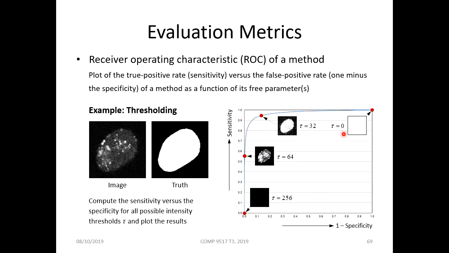So if I compare this image to this image, then I have a very high sensitivity, meaning the object pixels are all correctly classified as object, but I have a very low specificity. In fact, all my background pixels are wrongly classified. Okay, so I totally screwed up in the background, and I did a perfect job in the foreground. So that is this point in this plot.